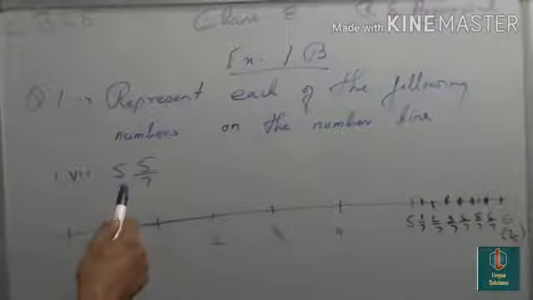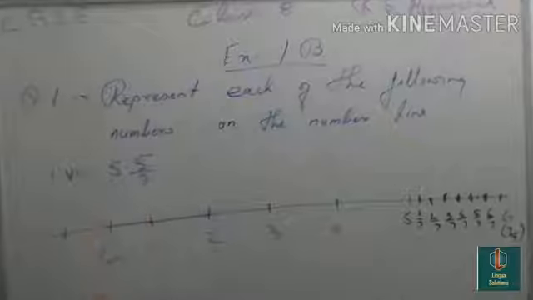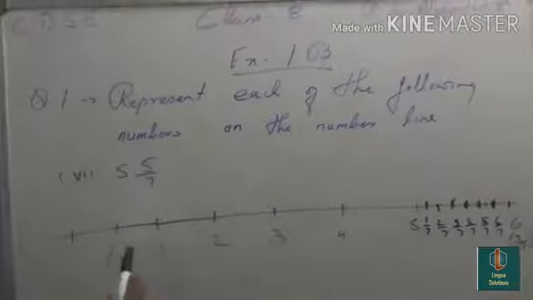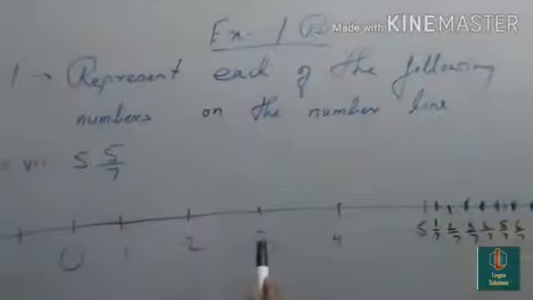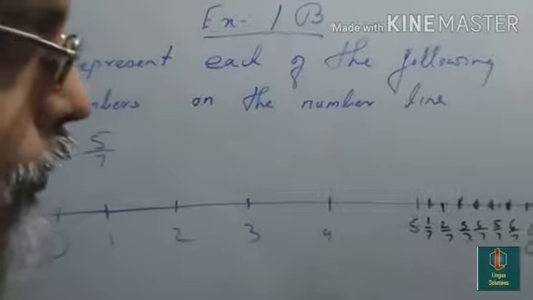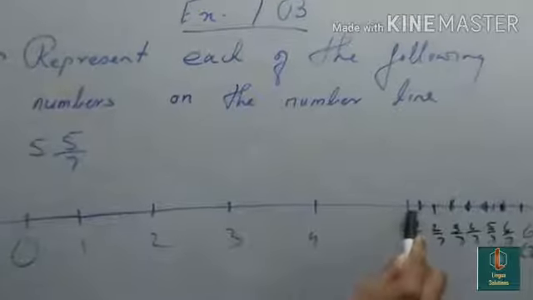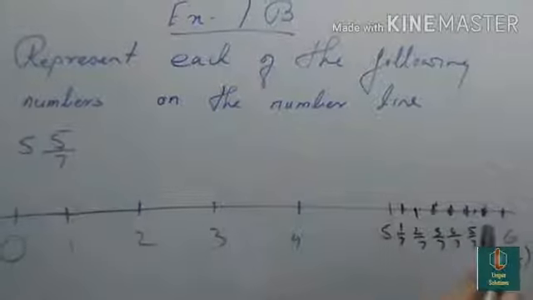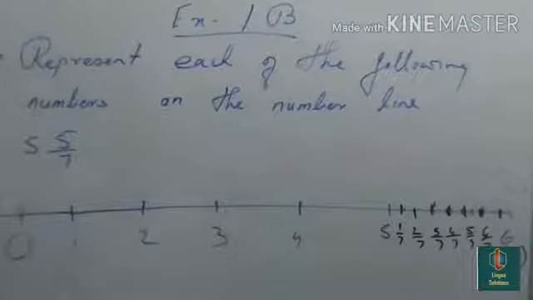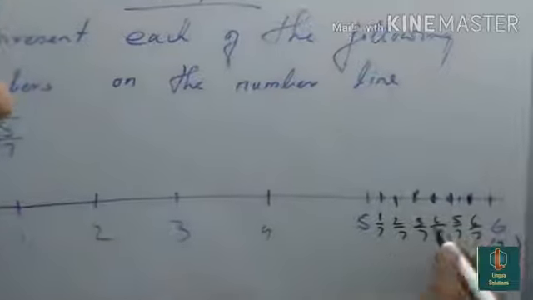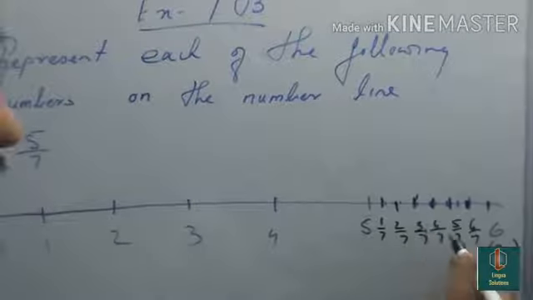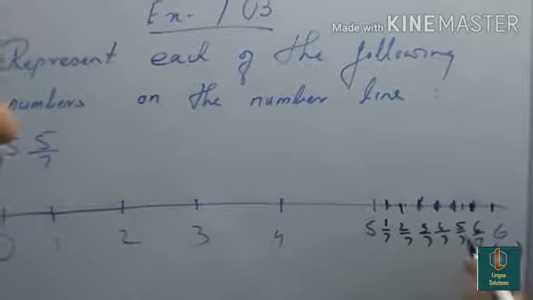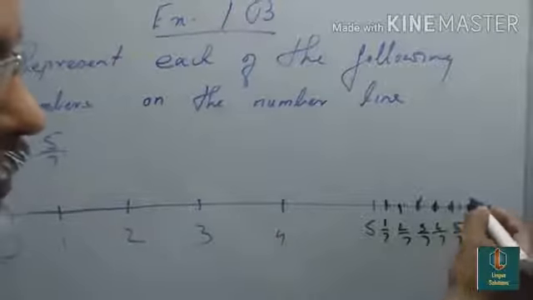Our next question is 5 by 7. 5 is whole number. We come to 5, 1, 2, 3, 4, 5. And after that, we want 5 by 7. So we will divide it in 7 parts. And now we will mark 1 by 7, 2 by 7, 3 by 7, 4 by 7, and here is 5 by 7.